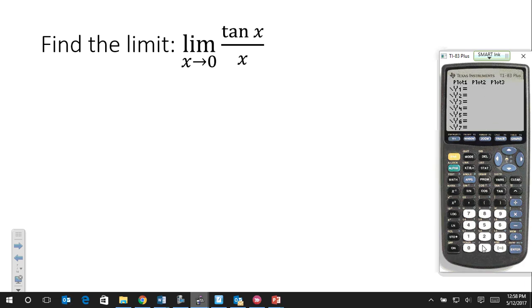All right, so we'll clear out whatever we had in our calculator before. And we want to, in the numerator, put the tangent of x. Now, is it going to matter if x is in radians or degrees? Not, is it?